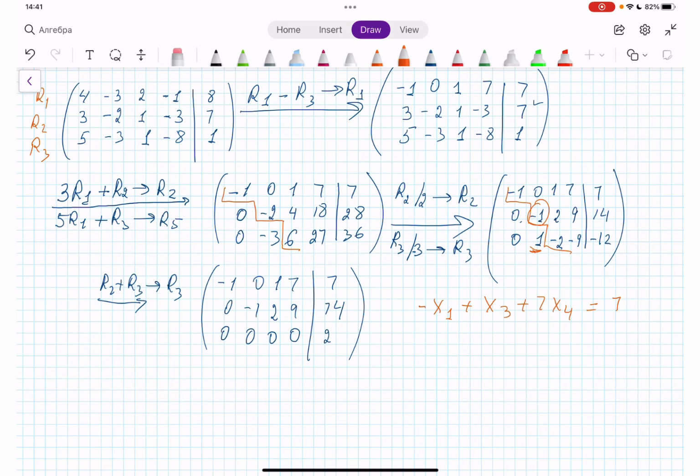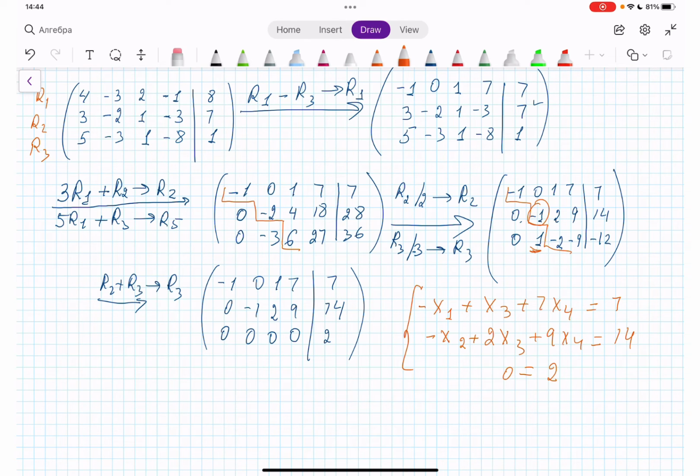Next, second one is negative x2 plus 2x3 plus 9x4 is equal 14. And the third one, 0 equal 2.